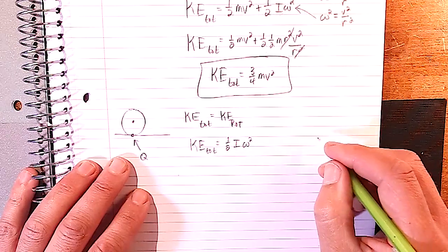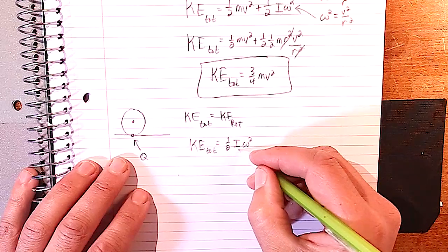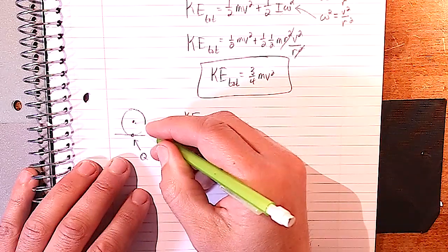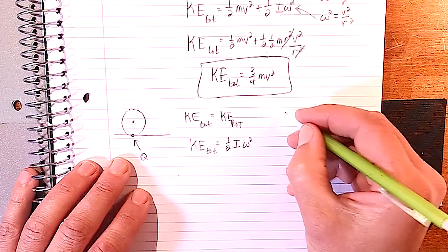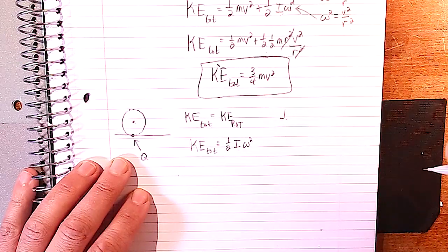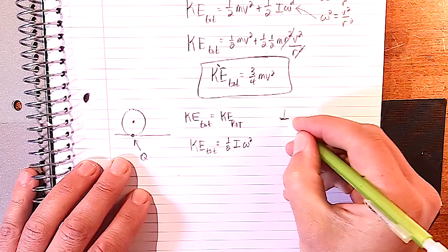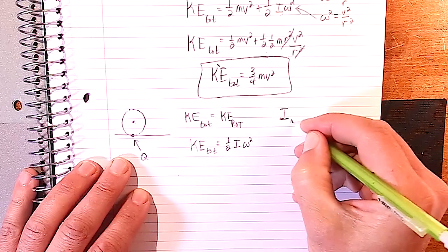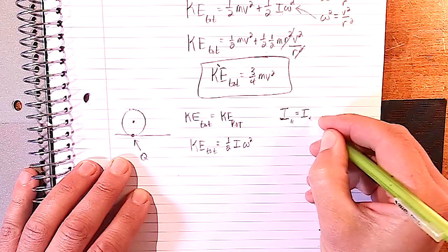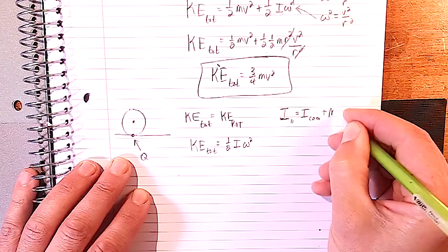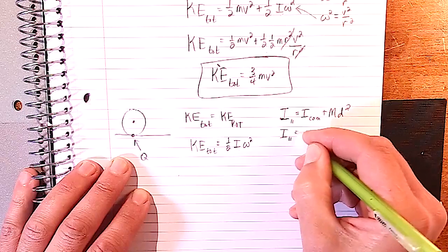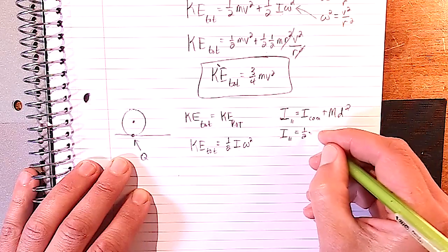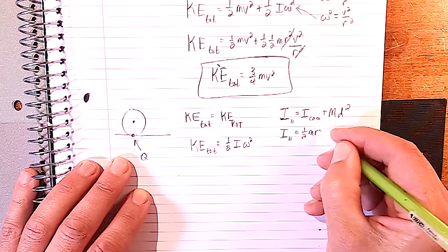But we have a new problem because I is different. It's not rotating about its center. It's not 1/2 mr squared. We have to use the parallel axis theorem. So we have to do I parallel equals I com plus md squared. So we know that spinning about its center of mass is 1/2 mr squared.